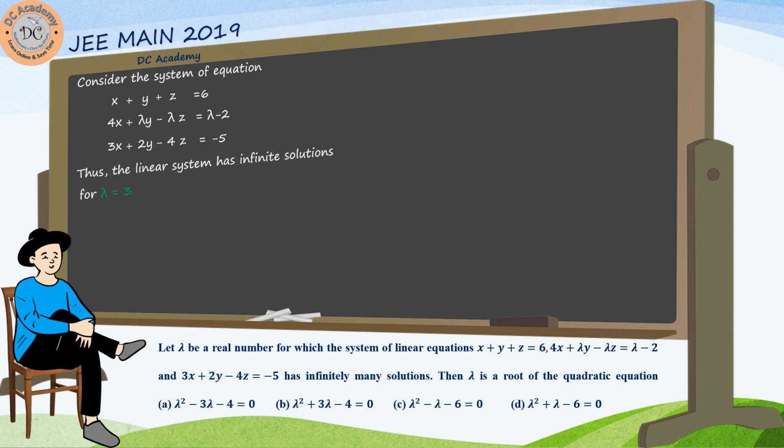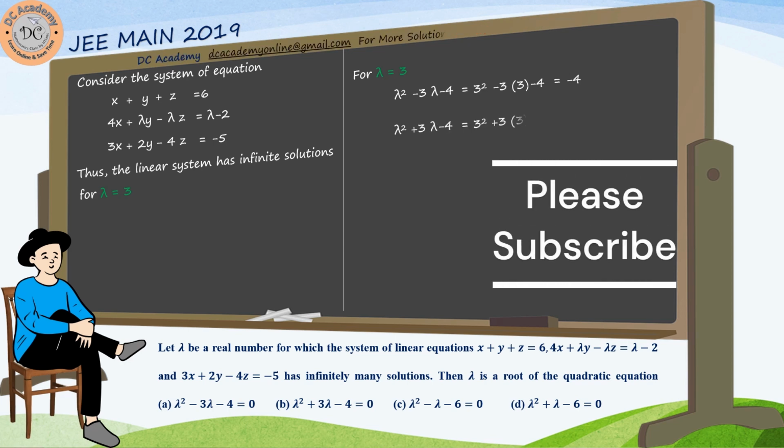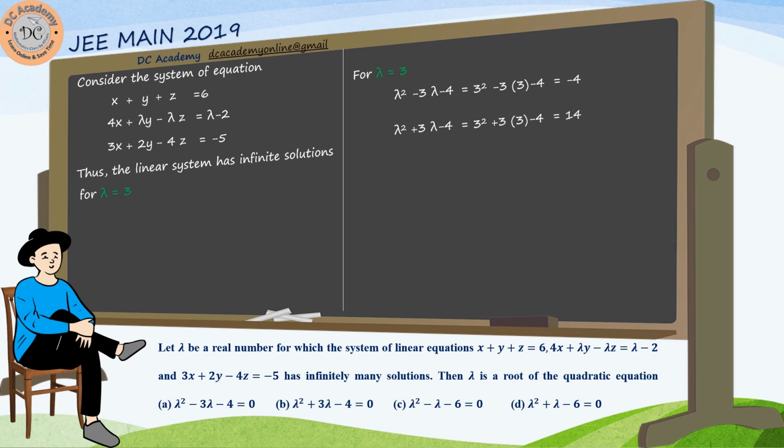Now for lambda equal to 3, we test each equation. For lambda squared minus 3 lambda minus 4, putting lambda equal to 3, we get non-zero, minus 4. For the second equation, lambda squared plus 3 lambda minus 4, putting lambda equal to 3, we again get non-zero, 14.